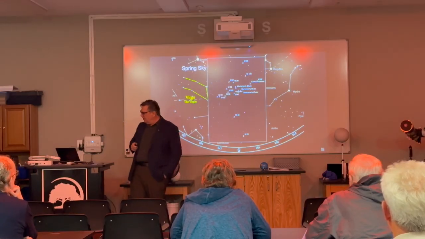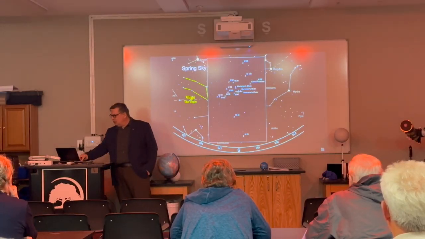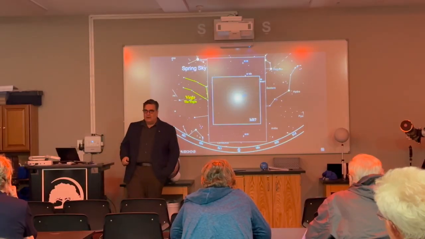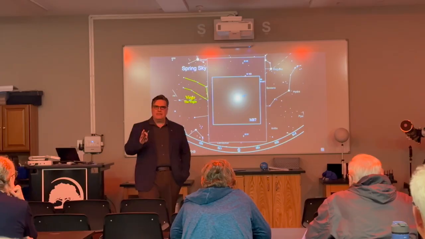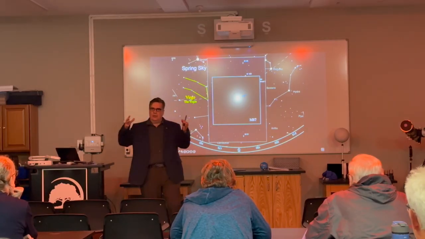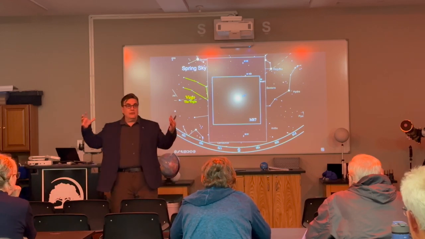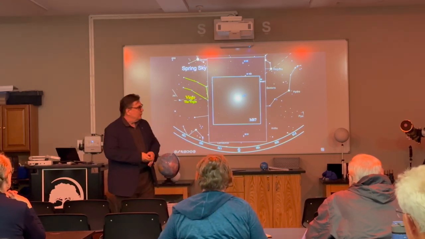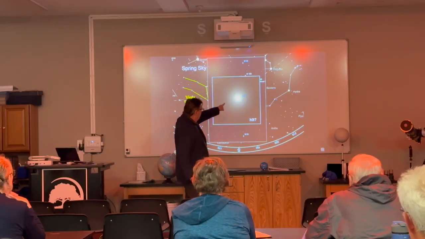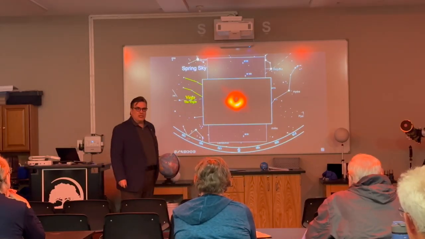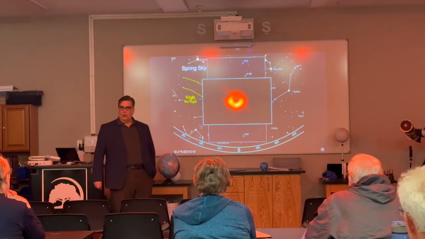M87 is a very, very important one because not too many years ago, in 2017, we were able to use a number of telescopes. It was a set of telescopes called the Event Horizon Telescope that all worked together to look into the heart of this galaxy and for the first time take a picture of a black hole.